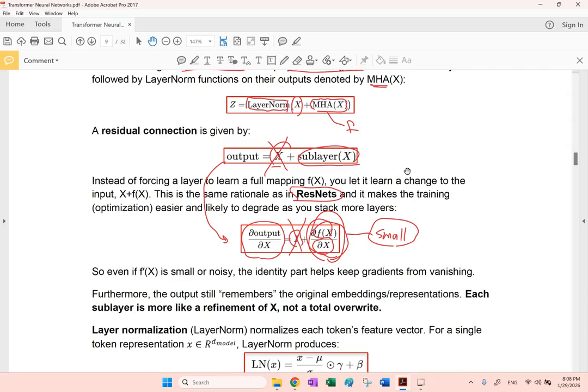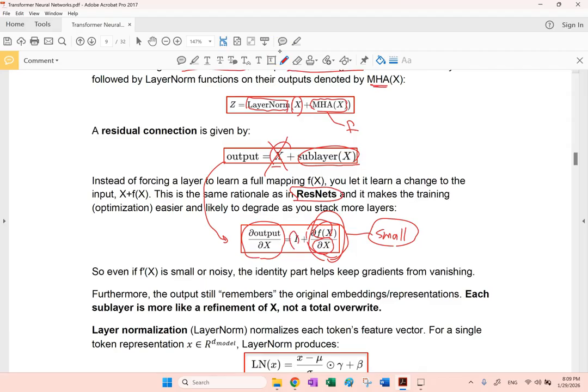So here, by adding the input, you're adding a 1 to the gradient. In other words, you're forcing your gradient to have at least a magnitude like 1, even if this multi-head portion does not produce much of a gradient.